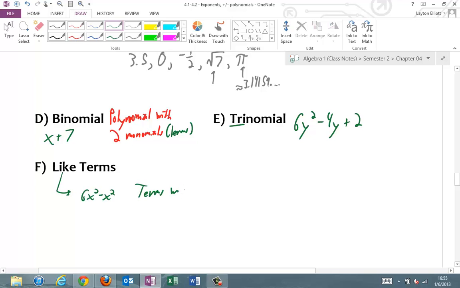Terms with the same variables to the same exponents. Those are like terms.